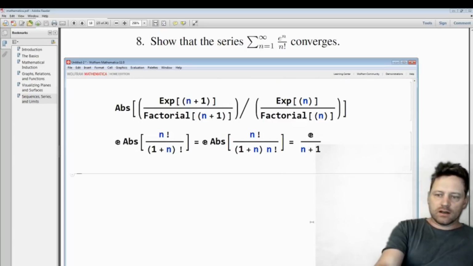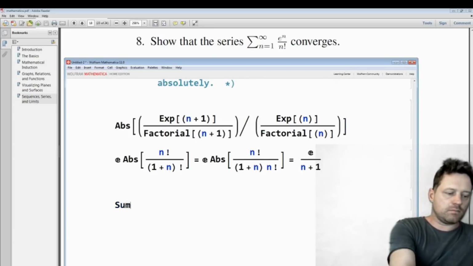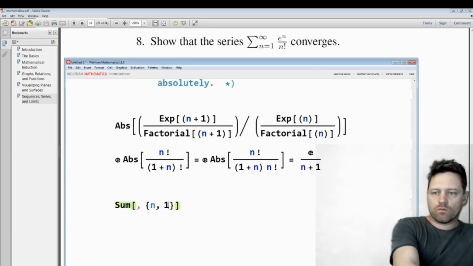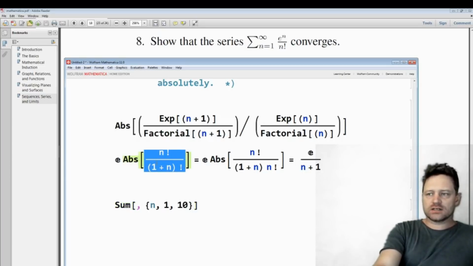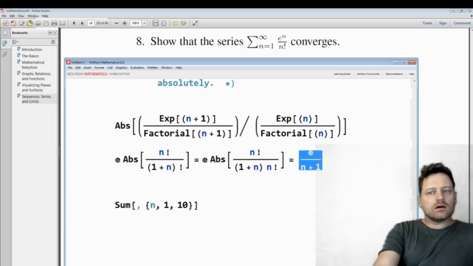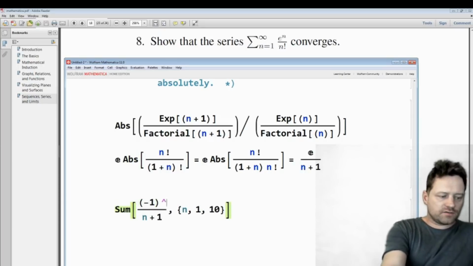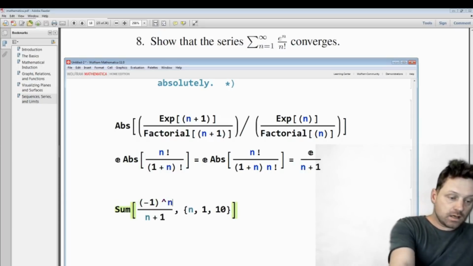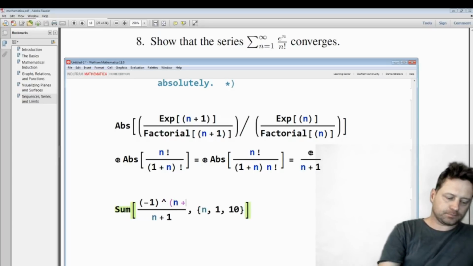We'll go down here and enter a sum, with n going from 1 to, say, 10. We'll start with a finite sum. Let's talk about the fractions. I'll copy a fraction in, and I want negative 1 to the power of n plus 1, since we're starting with 1.